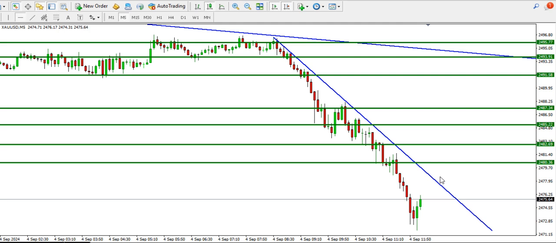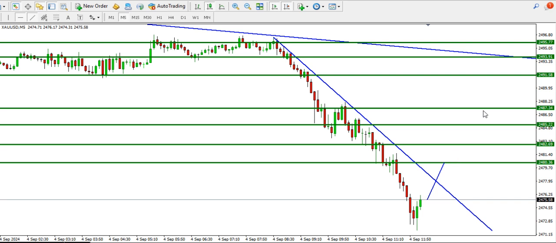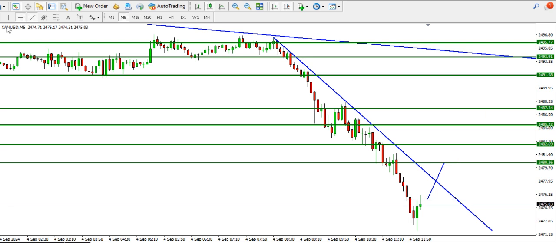So if the bulls are able to push price up to 2480 for instance, that will imply that the descending trend line has been broken, and the bulls might have some confidence to push it further to 2482, to 2485, to 2487. But these levels are where the sellers or the bears are waiting.